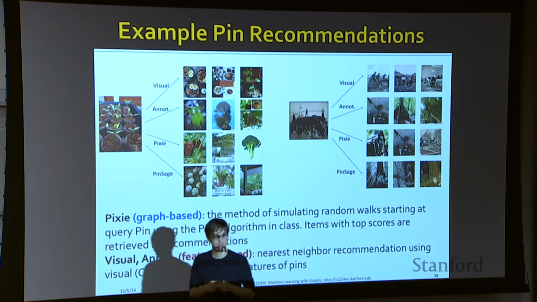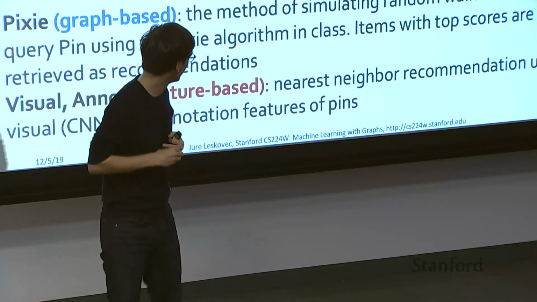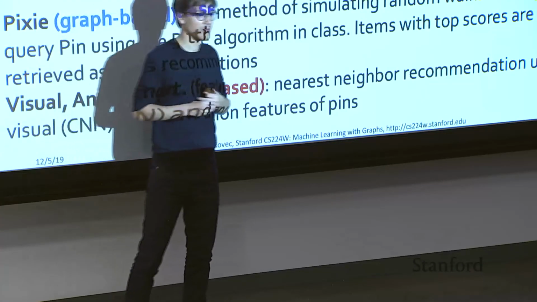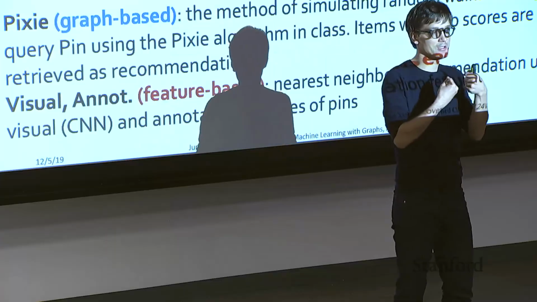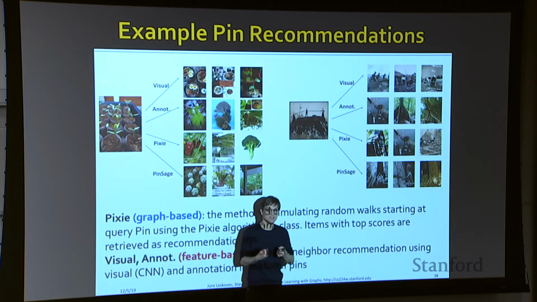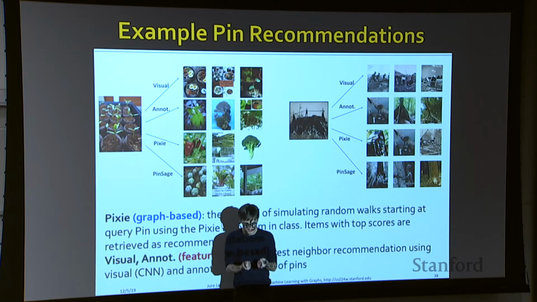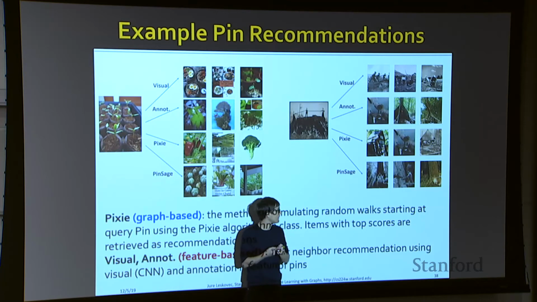Yes? How do we ensure diversity? We don't ensure diversity, right? The goal here is not to have diversity. The goal is to really learn what is super similar. And the way it turns out, to ensure diversity in recommender systems, yes, it's very important, but you don't ensure diversity by having random recommendations.